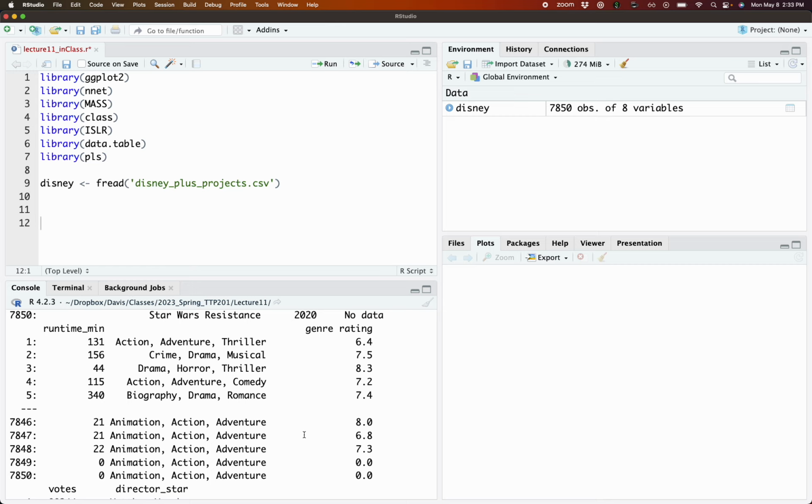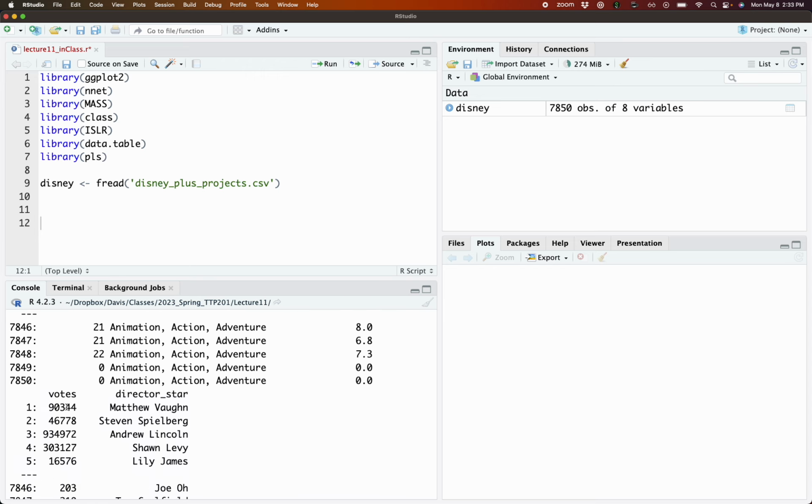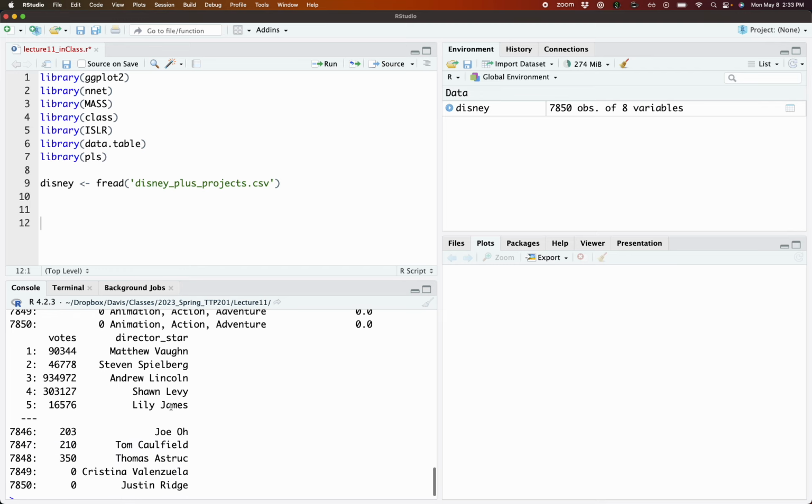Ratings, I believe that is the average rating that it has on the show, the number of votes that determine those ratings, and then the top director or star associated with that title.